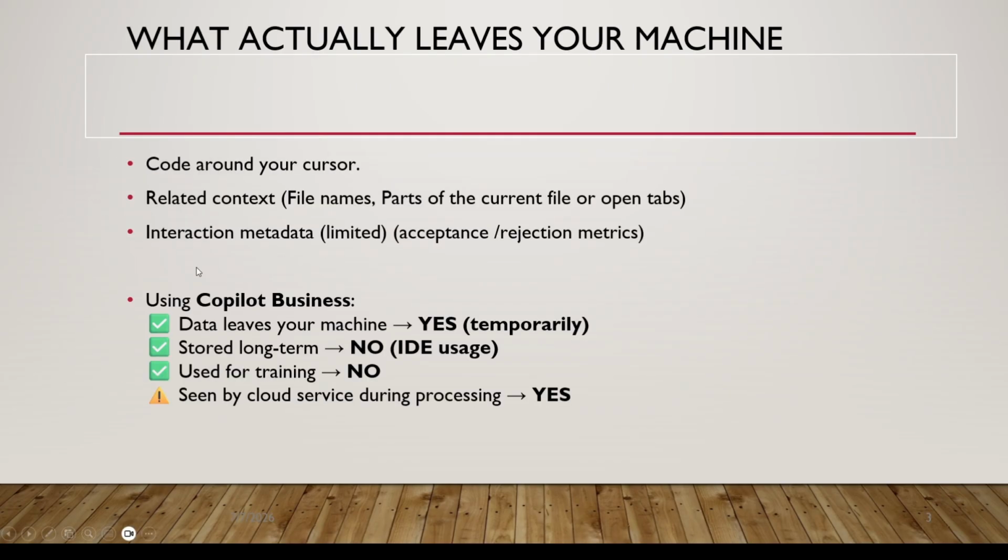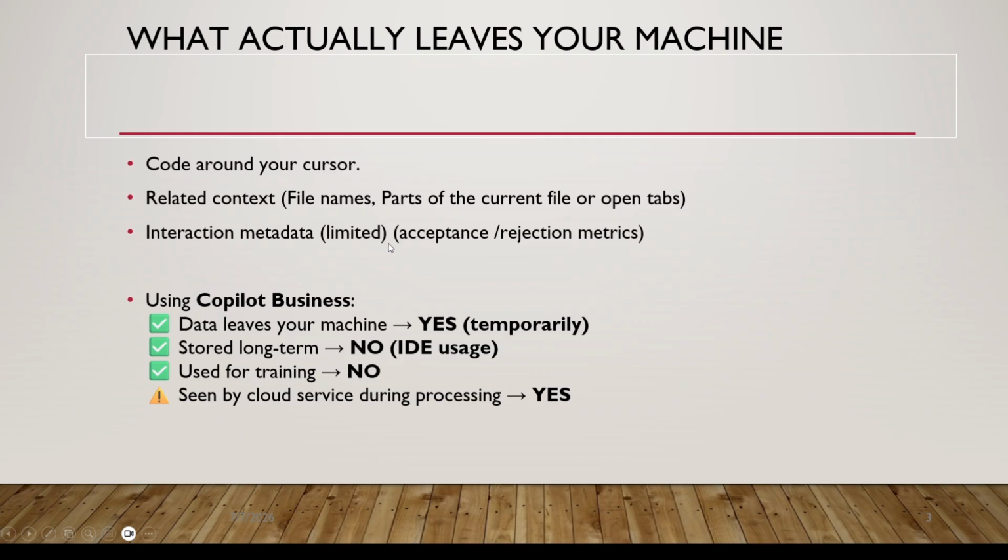Now we'll talk about what actually leaves our machine. Any code around our cursor goes to GitHub Copilot for generating suggestions. Any related context, for example file names, part of the current file, and open tabs, all goes as information with our prompt. Then there is interaction metadata.